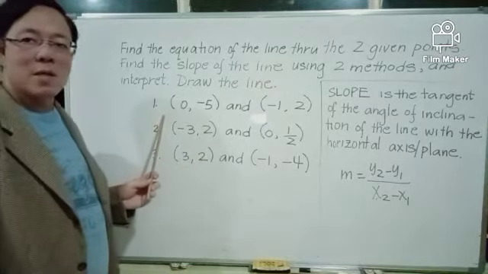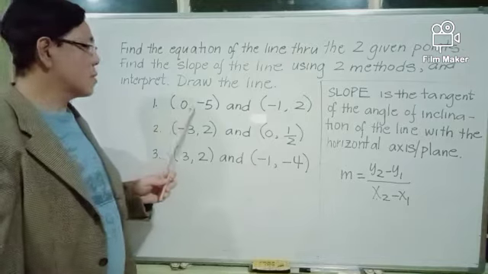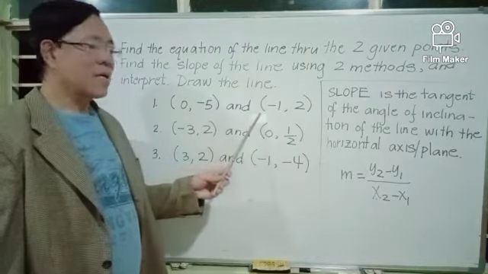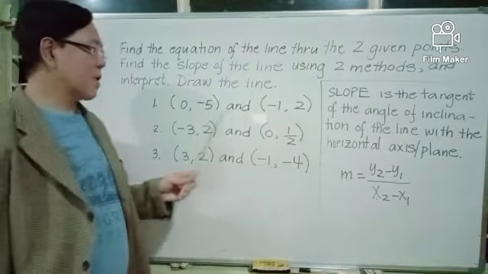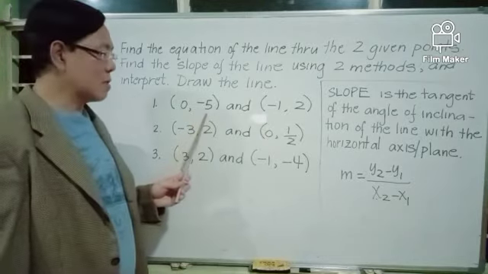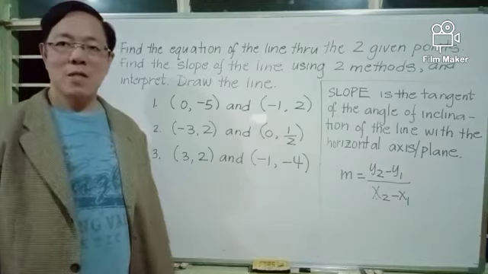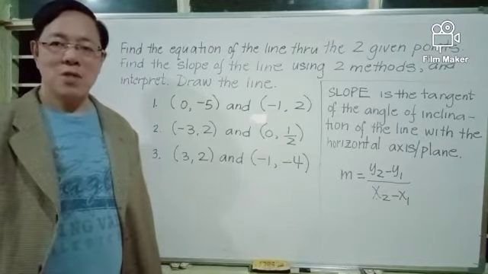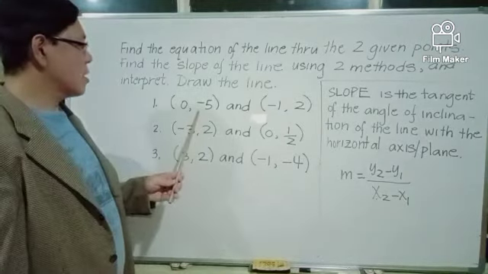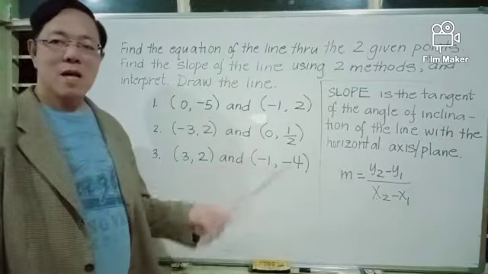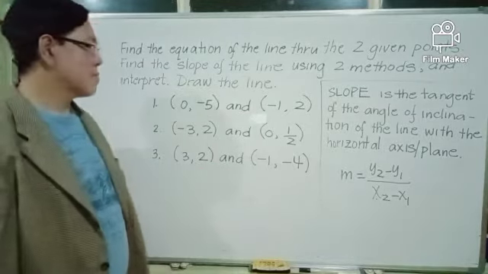In number 1, the 2 given points are (0, -5) and (-1, 2). You find the equation of the line passing through these 2 points, and you will use the 2-point form of equation of the line. You can take either of the 2 points as the point P1.